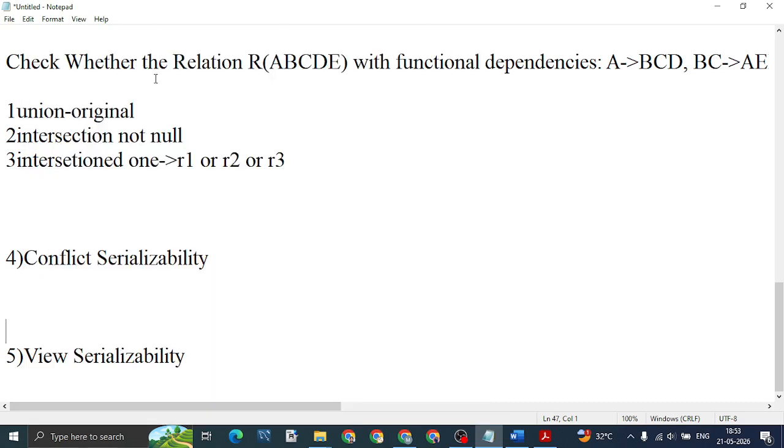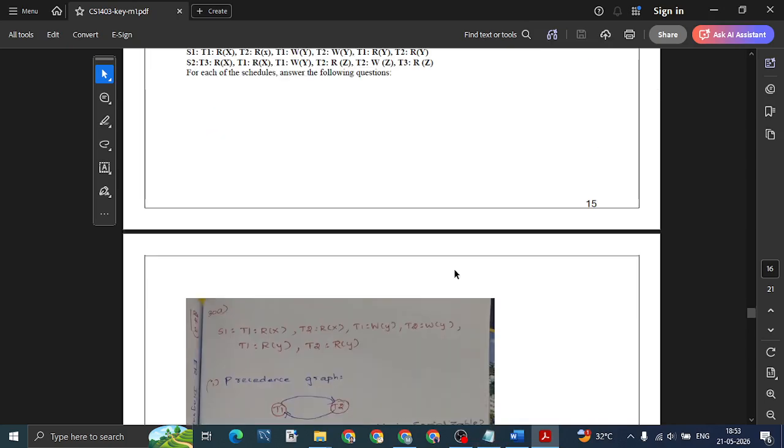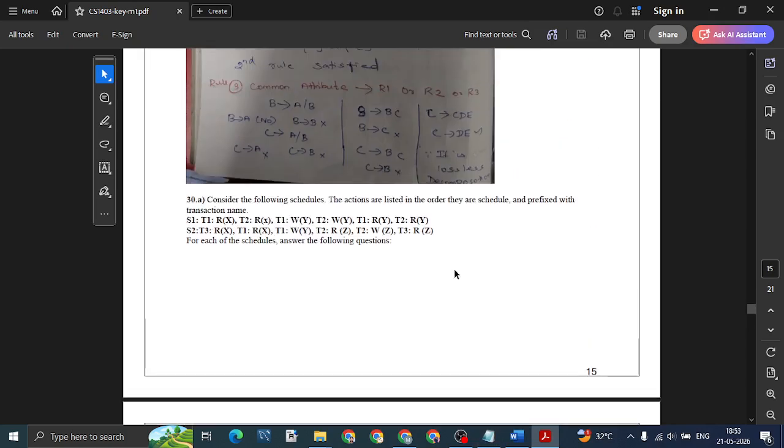So what happens if your transactions are not in serial order? If your transactions are not in serial order, the interleaved transactions may give a false result. That is the lost update problem, the temporary update problem, the overwrite problem and the dirty read problem.